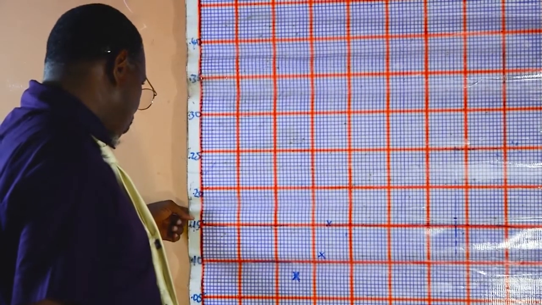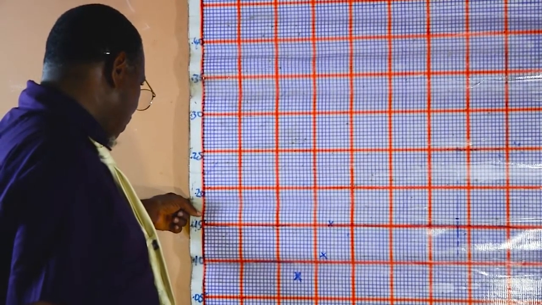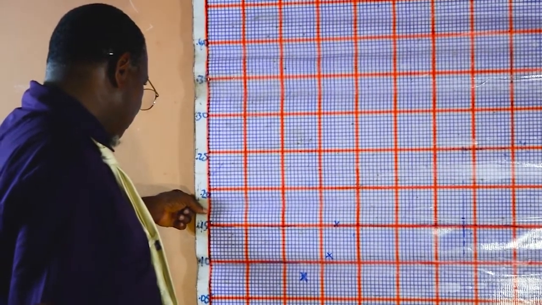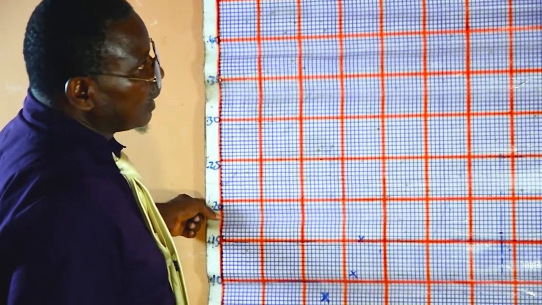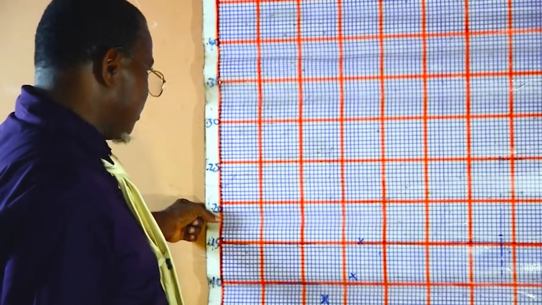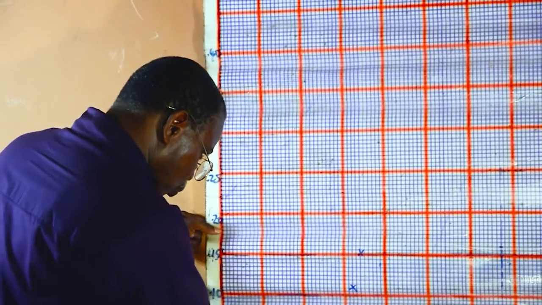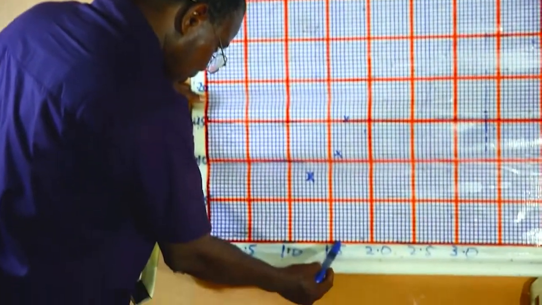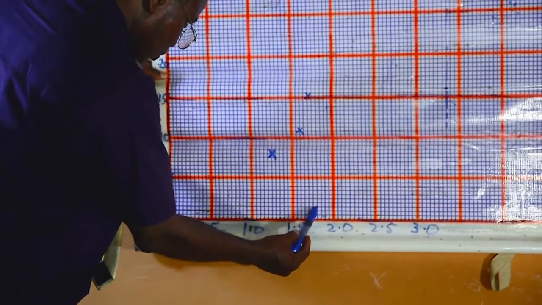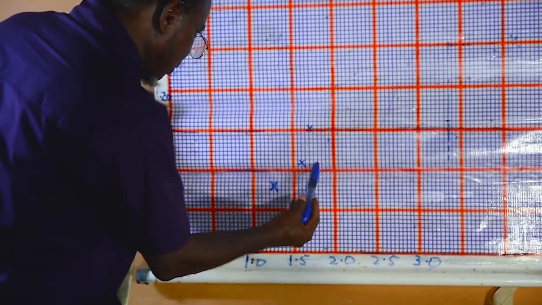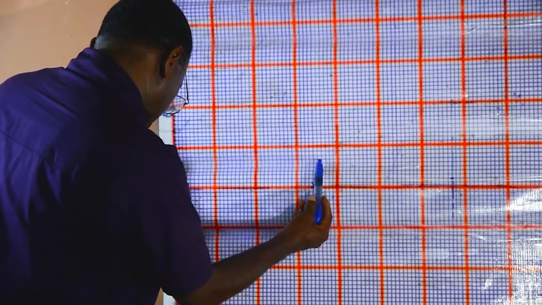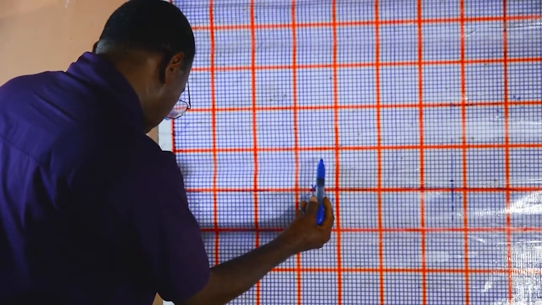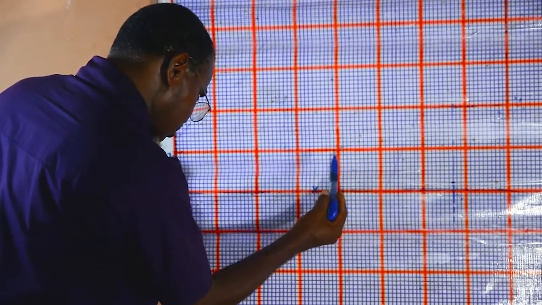This is 0.15, 0.16, 0.17, 0.18 against 1.78. This is 1.5, 1.6, 1.7, 1.78, 1.8.